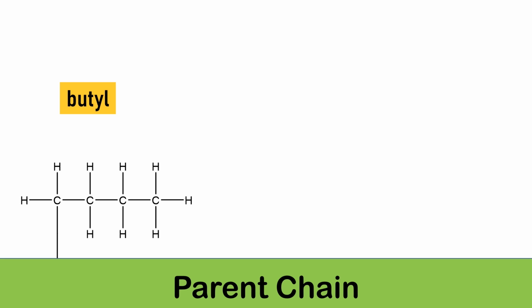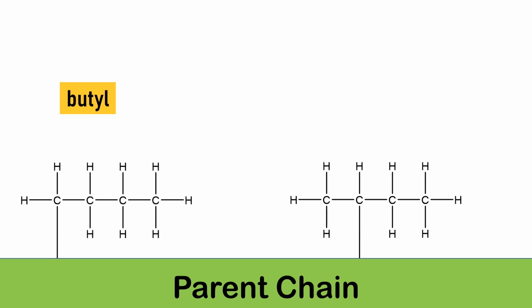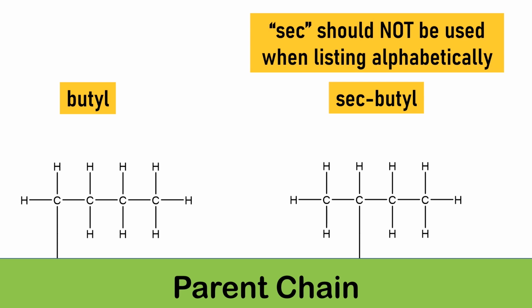However, removing any one of the secondary hydrogens yields another branched alkyl group called secondary butyl, or sec-butyl for short. Sec is a prefix we add, thus sec should not be used when listing alphabetically. Use the B in butyl when listing alphabetically.